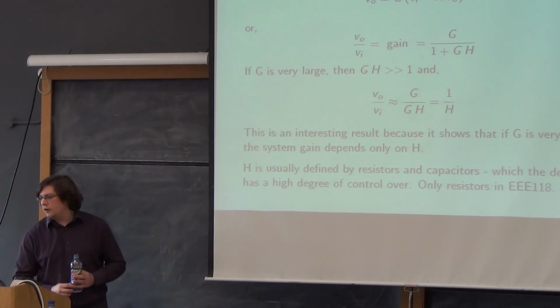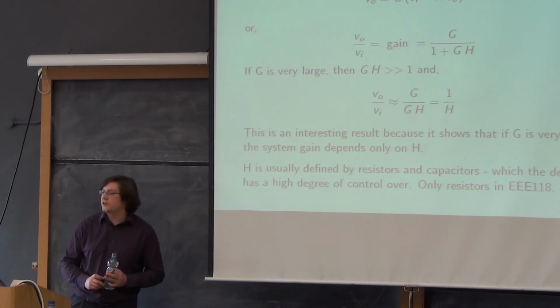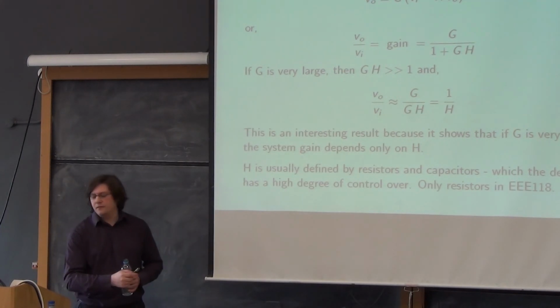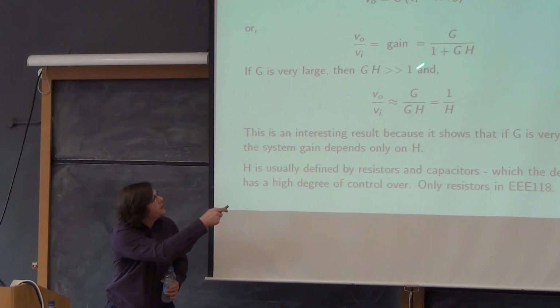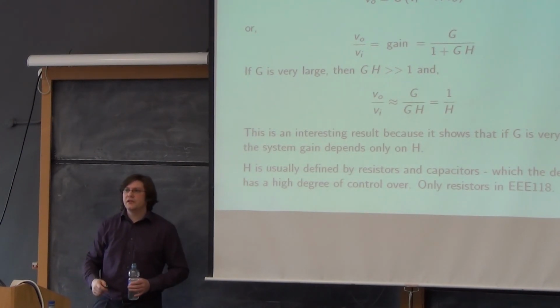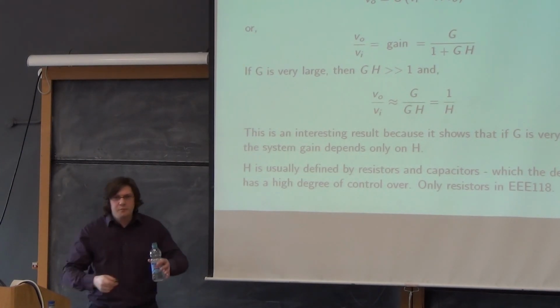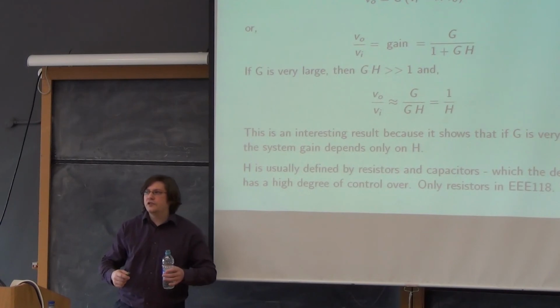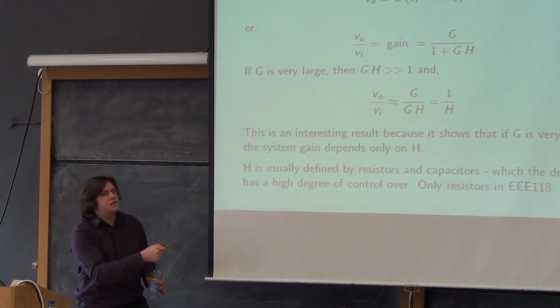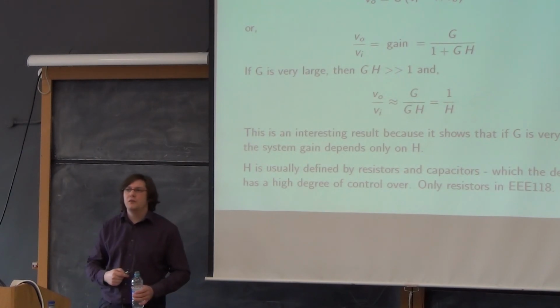And if G is very large, then G times H is much, much bigger than 1. So you can approximate, basically the 1 disappears and you end up with G over GH, and the G's cancel, which leaves you with 1 over H, which is really handy because now you've got this feedback system in which the output is controlled by whatever H is, and H is something that we will set with resistors.